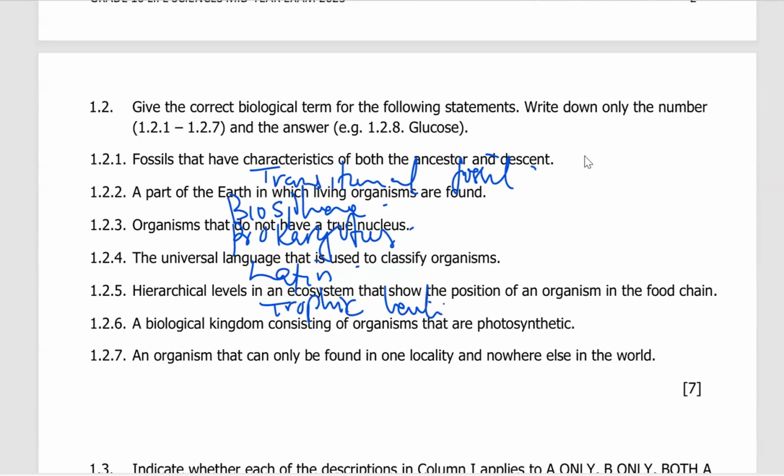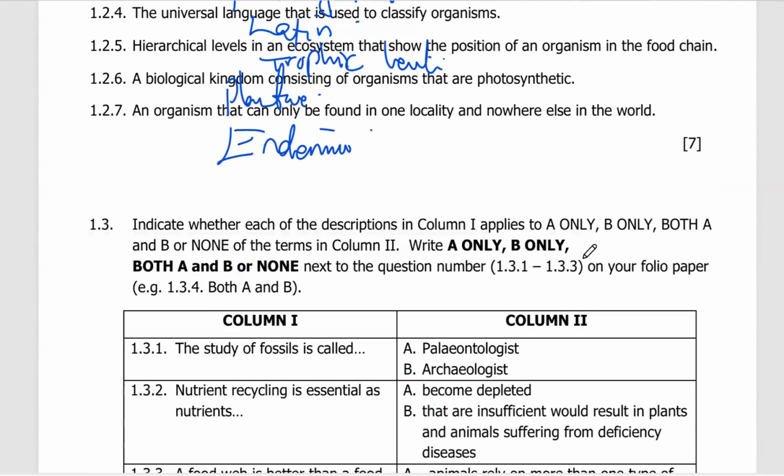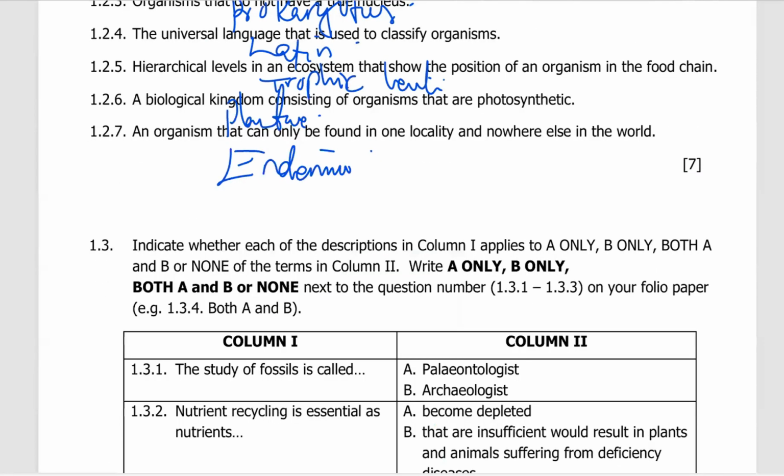So it's kingdom Plantae. An organism that can only be found in one locality and nowhere else in the world, we call it endemic. Yes, endemic. So basically that is it. So there are 7 points, so you get 1 mark each. So those are 7 marks.